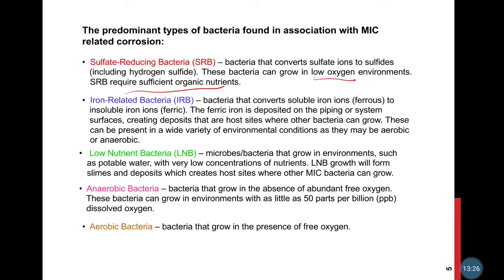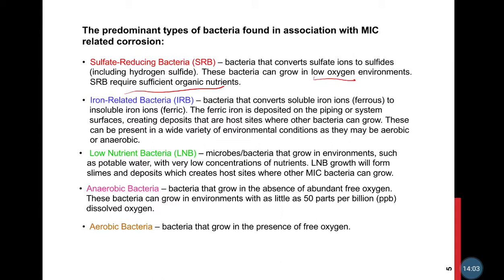So the third bacteria ataupun microorganism associated to the MIC ialah low nutrient bacteria. Okay, this microbe or bacteria grows in environment such as potable water, which has very low concentration of nutrients. Okay, so this LNB growth will form slime. Okay, macam tadi, the first phase is slime and deposit which create host site where other MIC bacteria can grow.